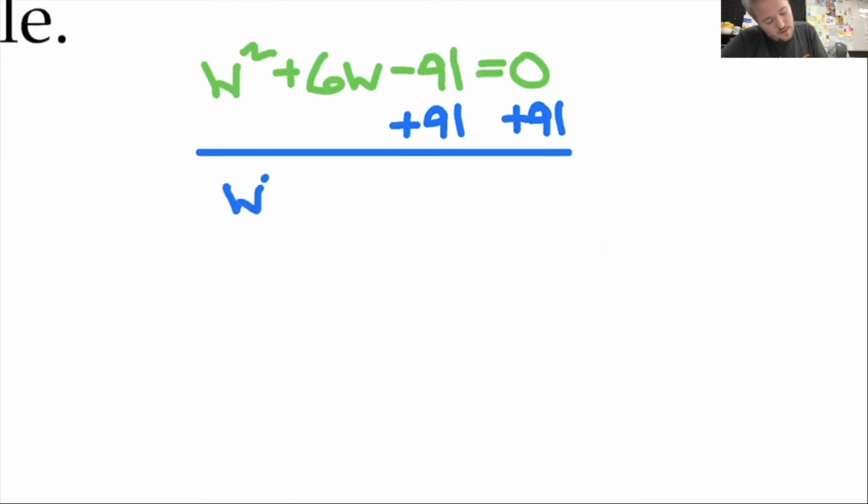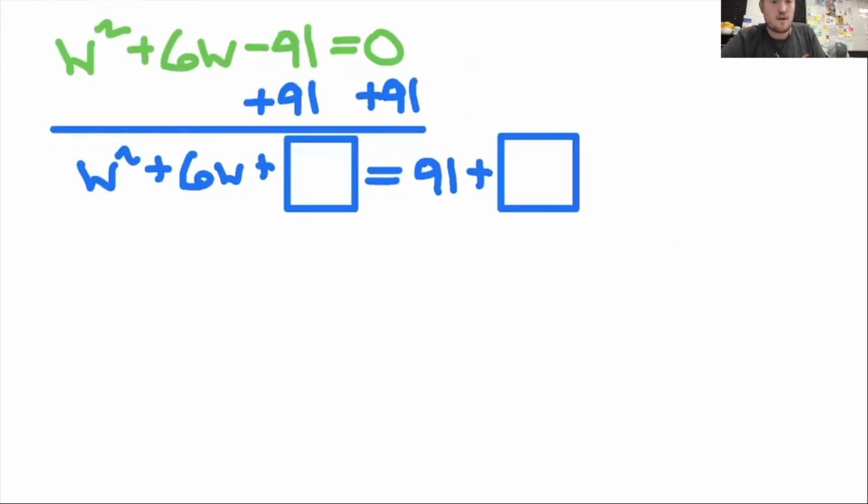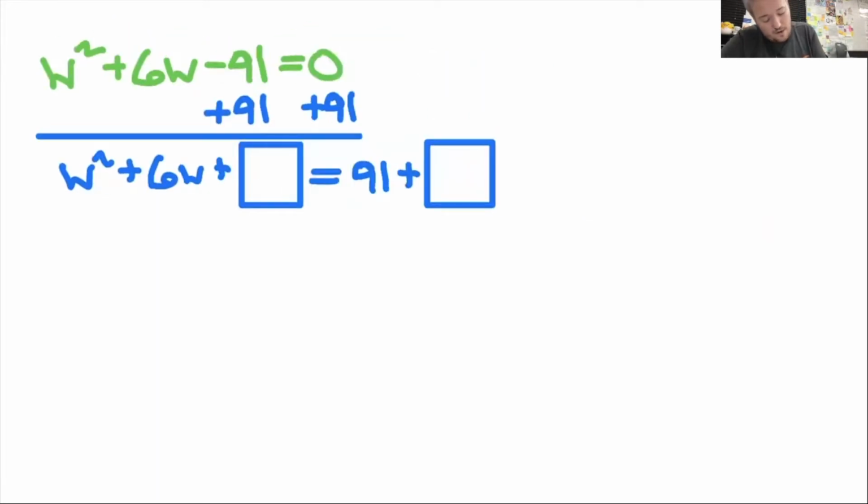So W squared plus 6W, and add the box, equals 91 plus the box. Wow, those boxes do not match, but it is okay. Close enough. All right, so for completing the square, you're going to do B divided by 2 and square it.